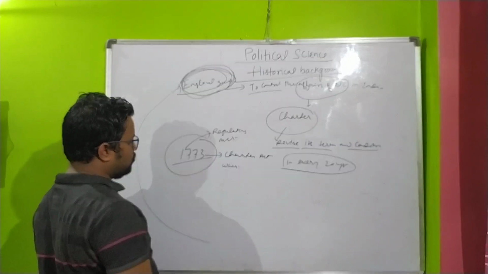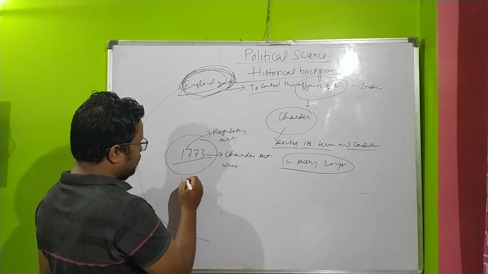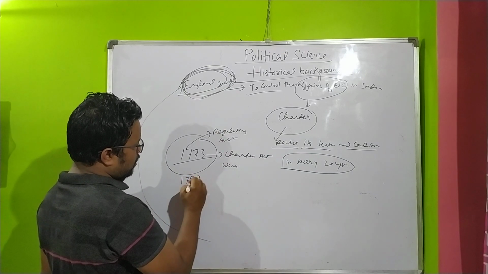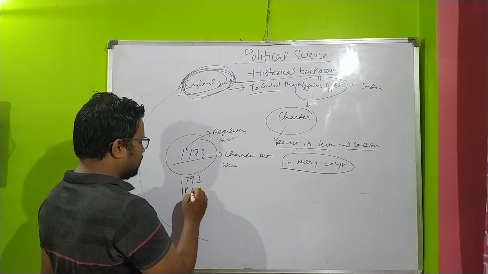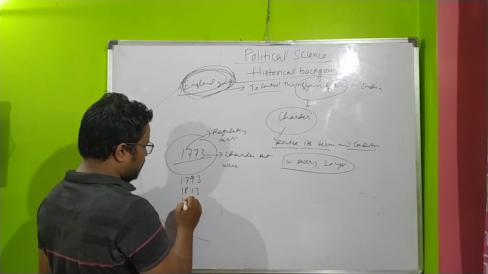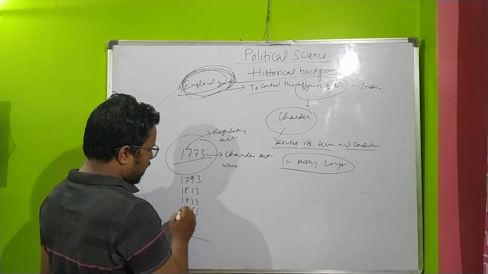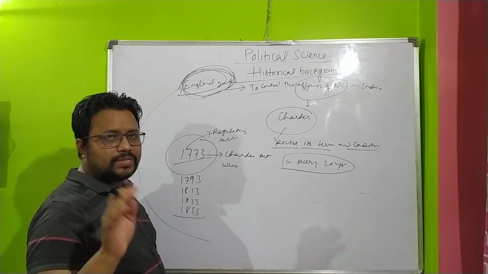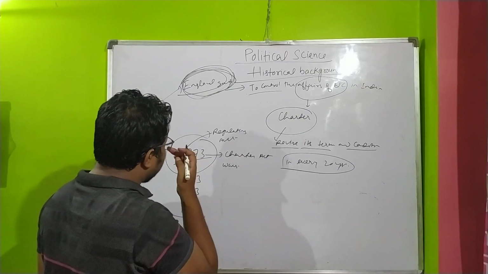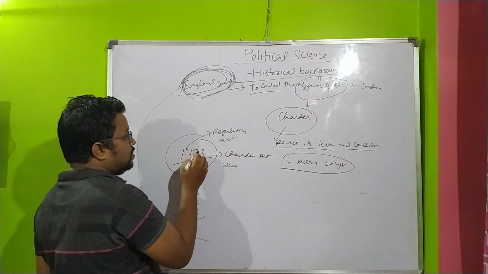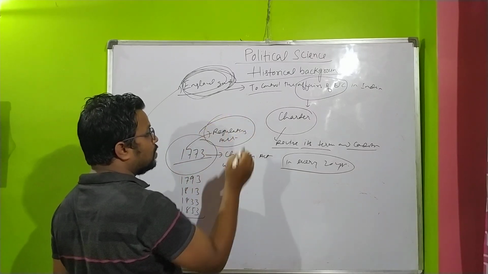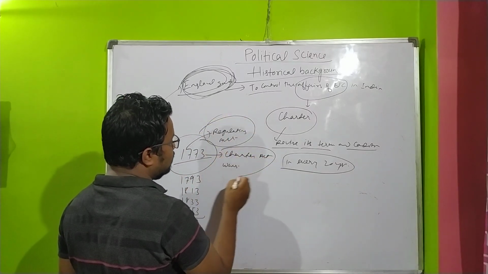After 1773, after 20 years it will become 1793, then 1813, then 1833, then 1853. 1853 is the last Charter Act. So in 1773, the first Regulating Act was passed, which was also said to be a Charter Act.